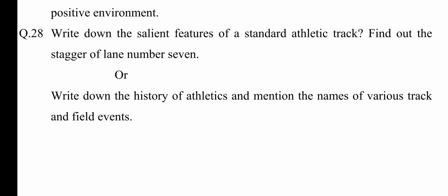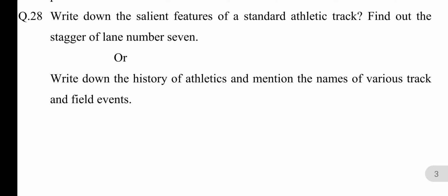Salient means most important, noticeable. Feature, noticeable part of something. Standard, a level of quality. Stagger, to walk with short steps. This question is related to chapter number 7, concept of major games and sports, and its subchapter is athletics.